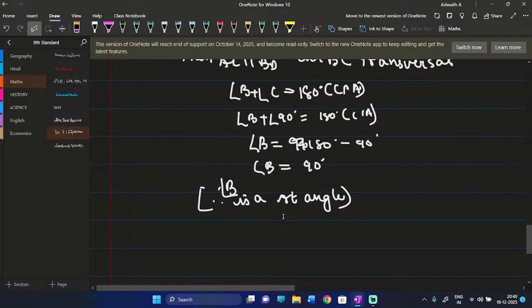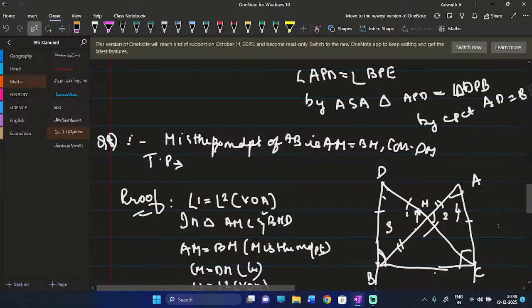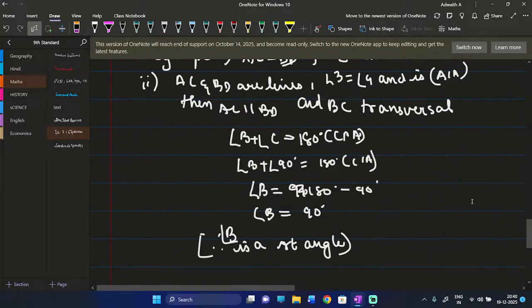Now another triangle, DBC. Here DBC and ACB, sorry.